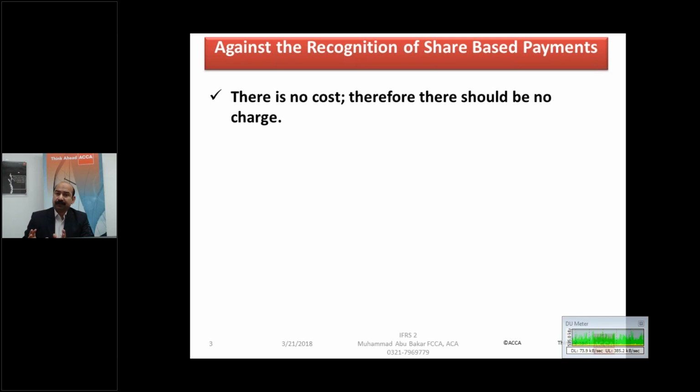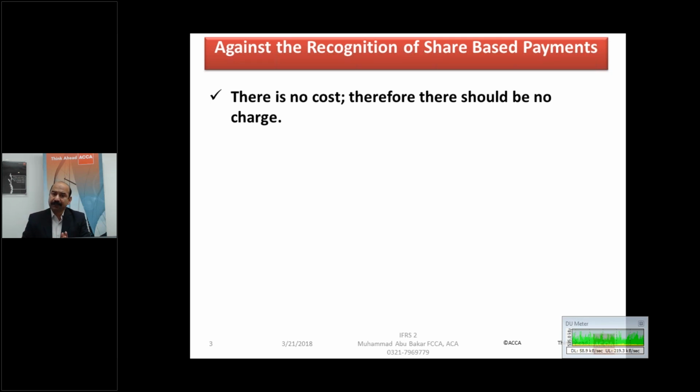An employee works for the future options as well as for a current salary in cash. If you hire a person and tell him that, for example, 100,000 will be your monthly salary, plus if you complete 3 years with this organization, you will be given this many share options.